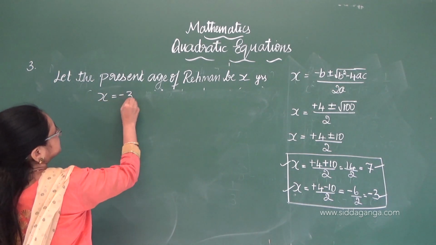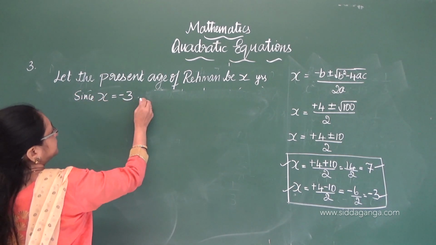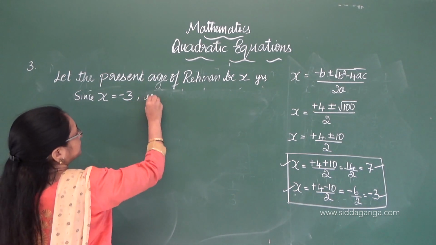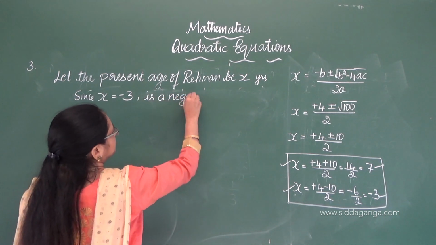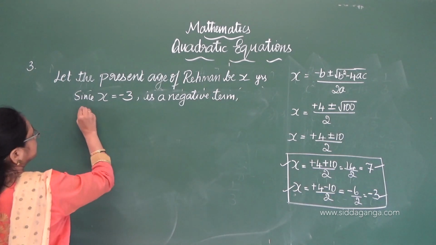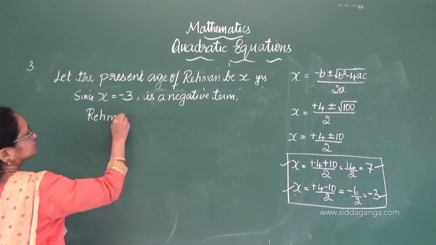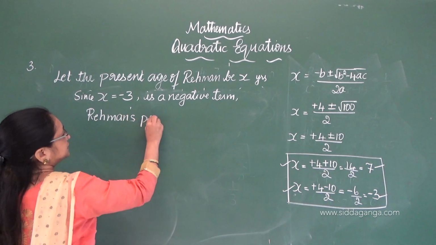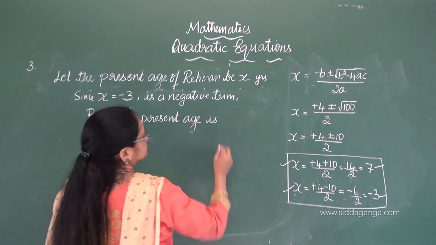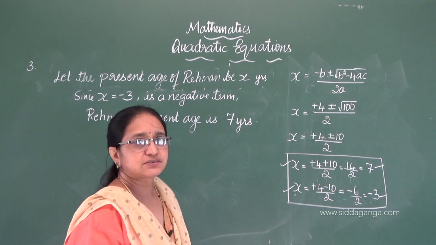Since x is equal to minus 3 is a negative term, then Rahman's present age is 7 years.